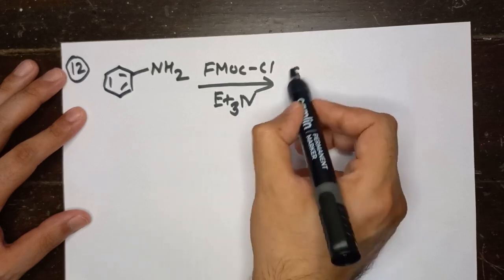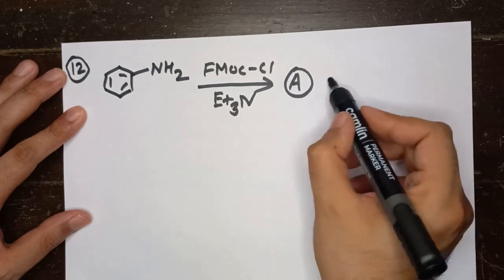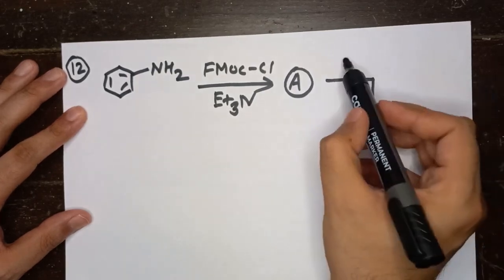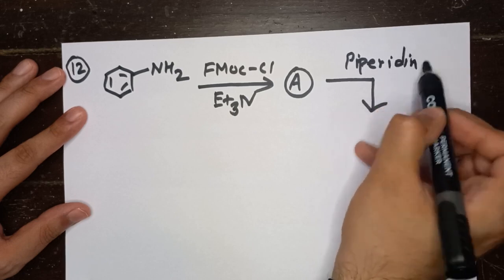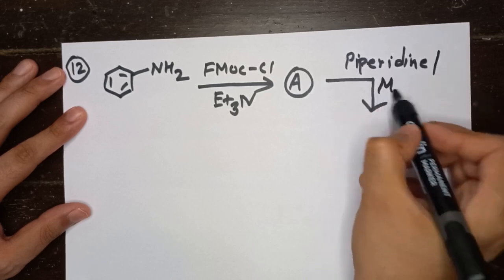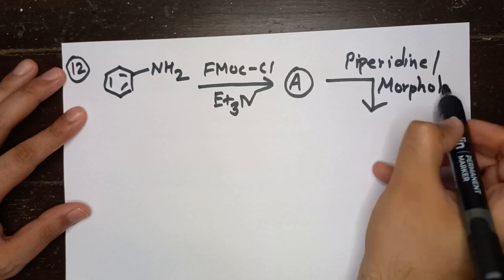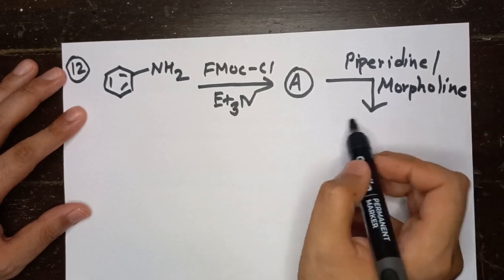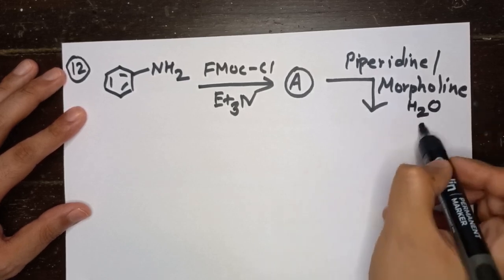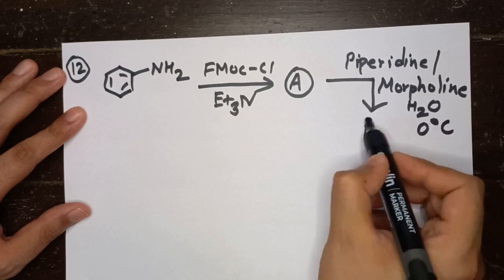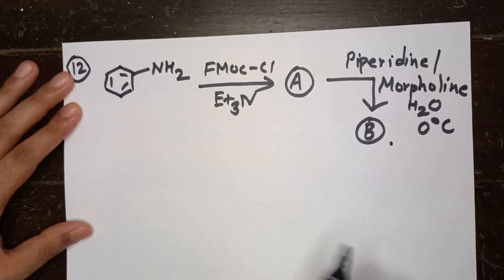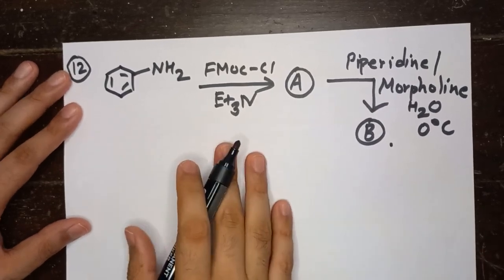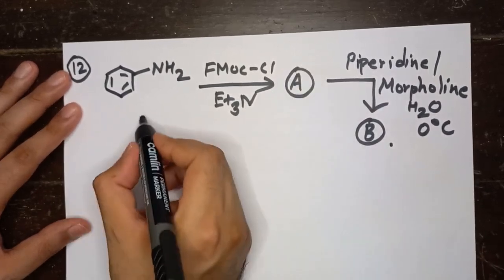I am generating A. Okay, then in the second case I am using piperidine or maybe morpholine, using water at 0 degrees Celsius, and I am getting B. So find out A and B. Okay, so we just saw in the previous example what the structure of A is going to be.